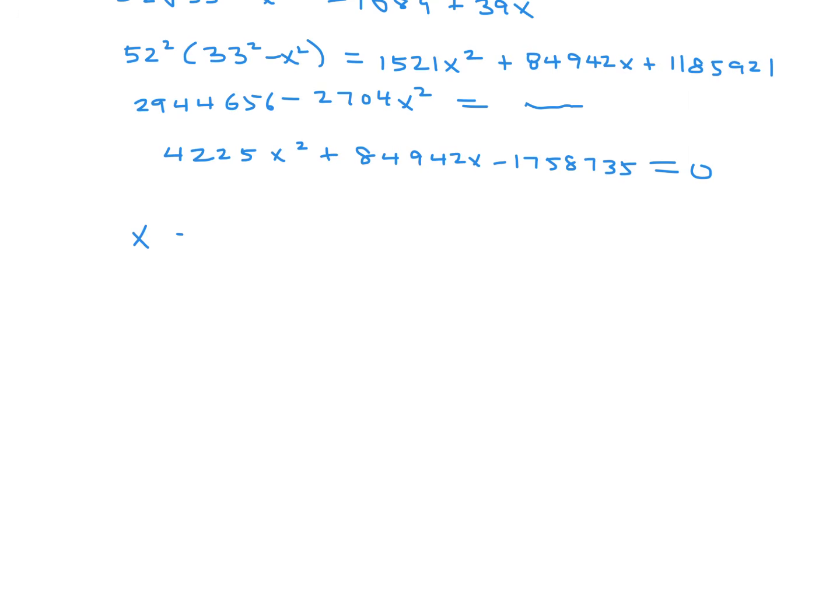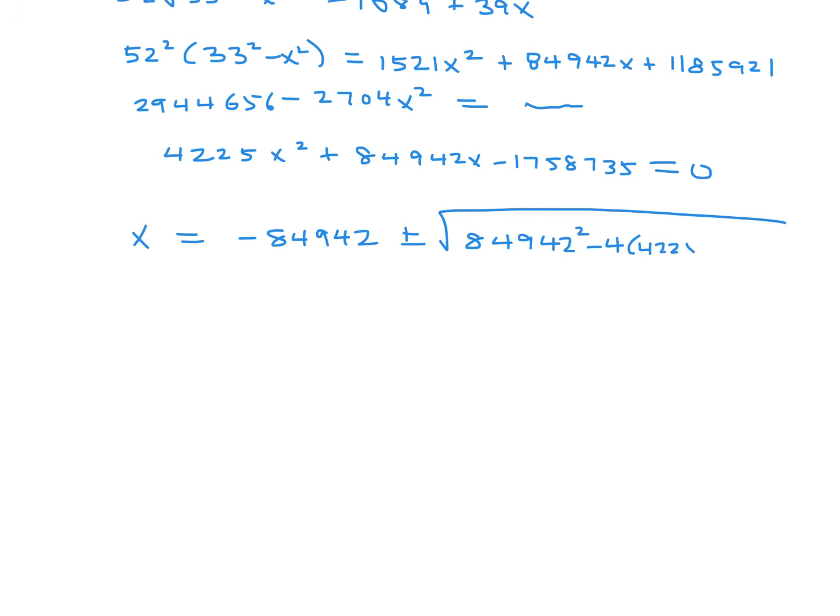All right, so we're down to the final step, which is a quadratic, but a terrible quadratic since it's got such large numbers. Minus b, unless you can miraculously factor that, but I don't think anybody can. B squared, 84942 squared minus 4ac, minus 1758735.